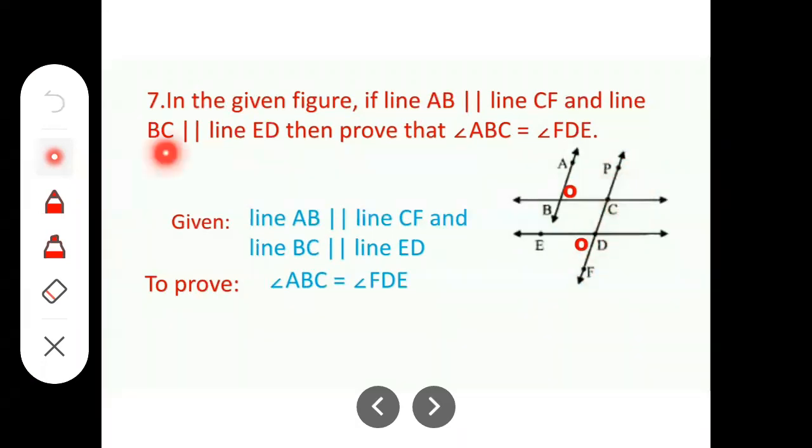And line BC is parallel to line ED. These two vertical lines, not exactly vertical but we can say it, are parallel to each other, and these two horizontal lines are parallel to each other.